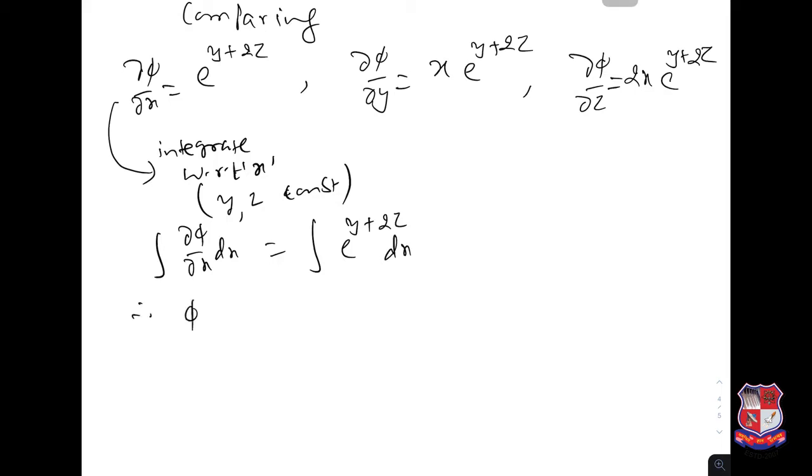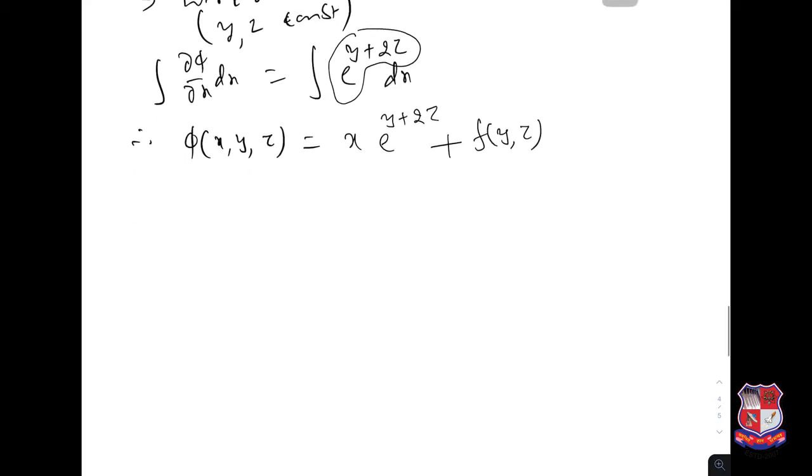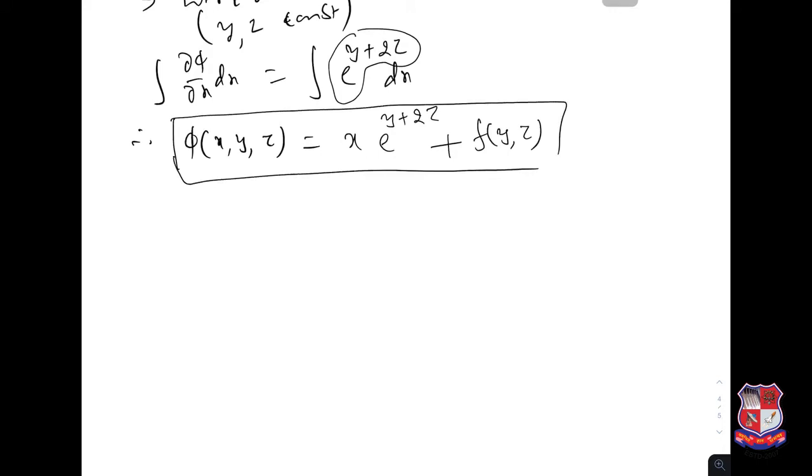So this is phi of xyz, and in this integration there is no x here, so that's constant, so that is x e power y plus 2z, but plus some function of y and z. So we write the function f of y and z. Now this is our phi, but there is an unknown, this f. That unknown we need to find out.